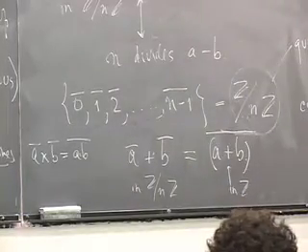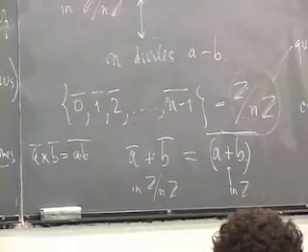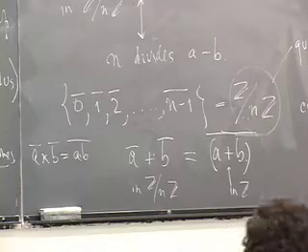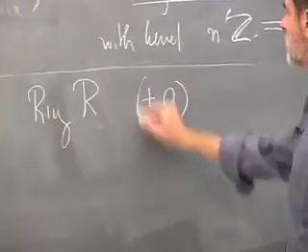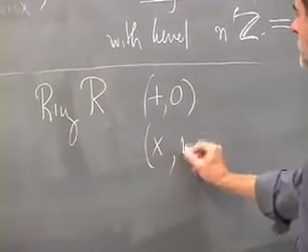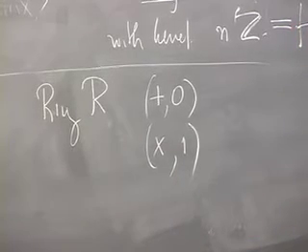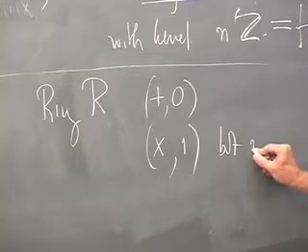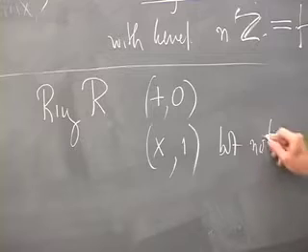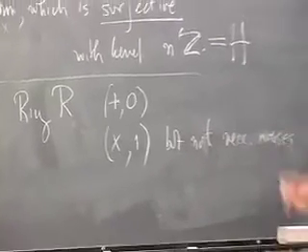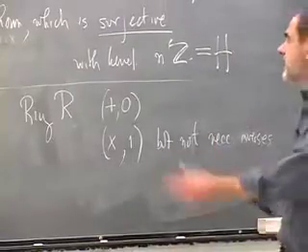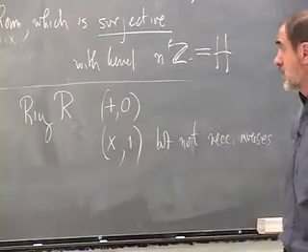And Peter introduced you last time to another thing. You see, if you have a ring, and I'm just going to say this very briefly, it's not necessary right now. So you have a group under plus with an origin, and then there's a times operation with an identity element 1, but not necessarily inverses. For example, 0 has no inverse. You can't multiply anything by 0 and get to 1.